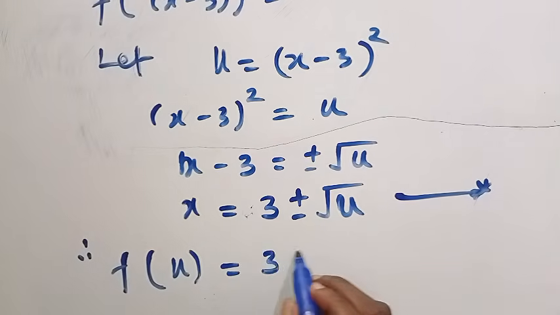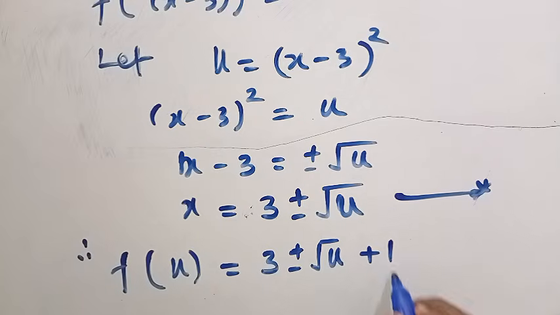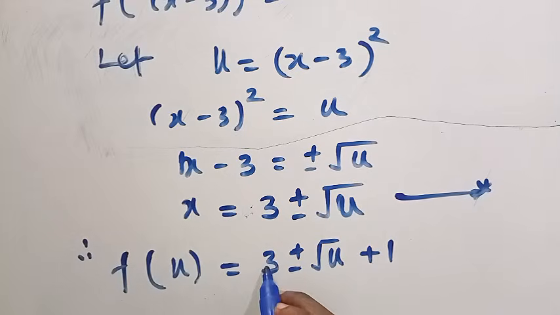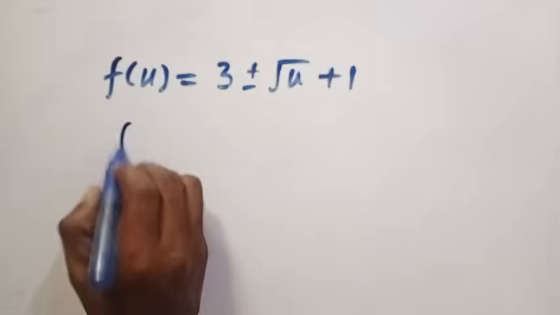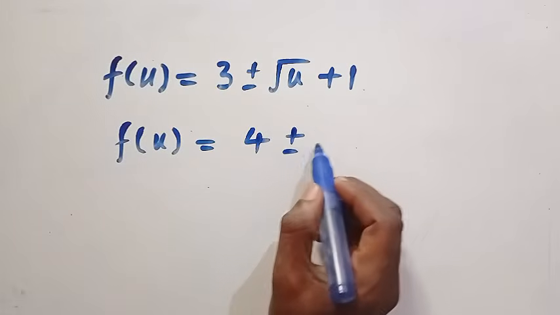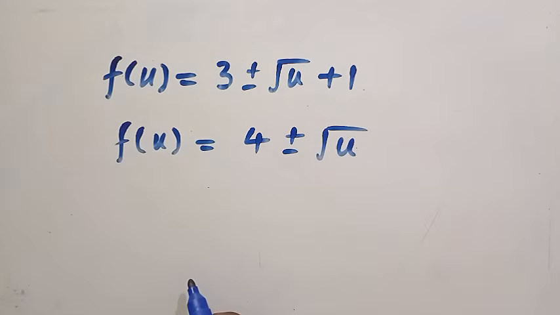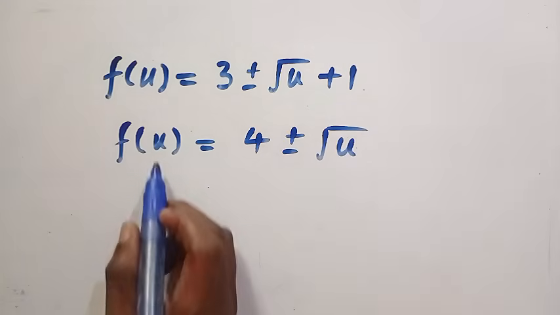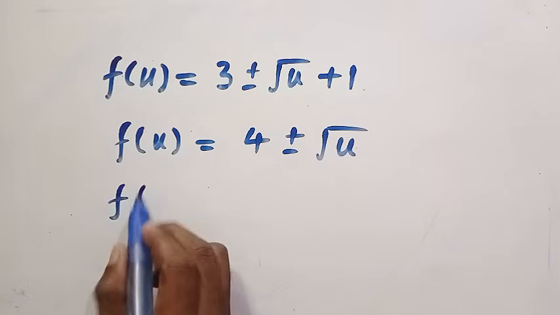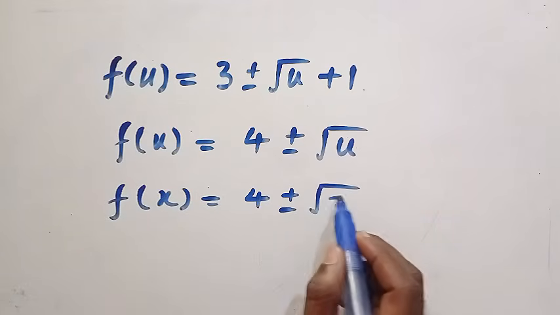With x given as 3 plus or minus square root of u, then plus 1. So the next step is we add 3 and 1 together. Then we have f of u equals 4 plus or minus square root of u. Then let's change this one to x. We have f of x equals 4 plus or minus square root of x.